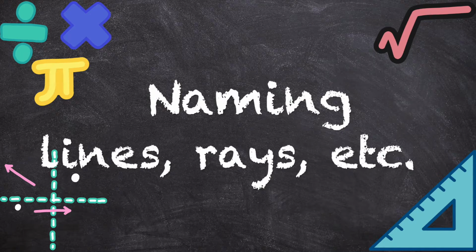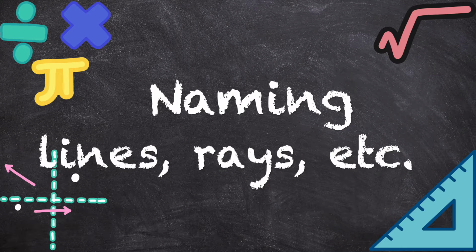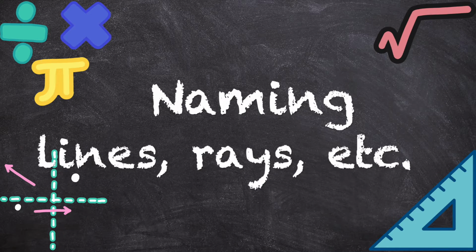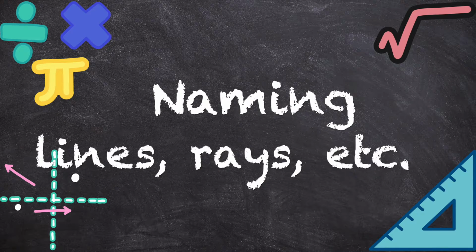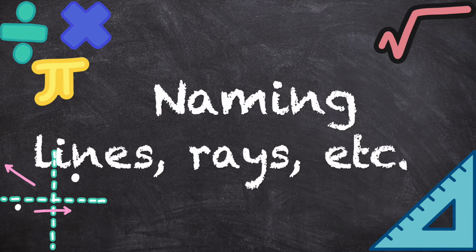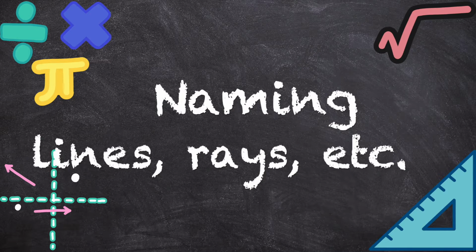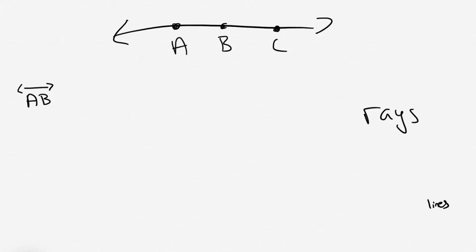Now, before we get started on naming individual lines and rays and all of that, I kind of want to show you how this whole naming thing works. So I want to direct your attention over here, right to this thing. Now, this is typically how every naming convention is going to look, and it has two parts.